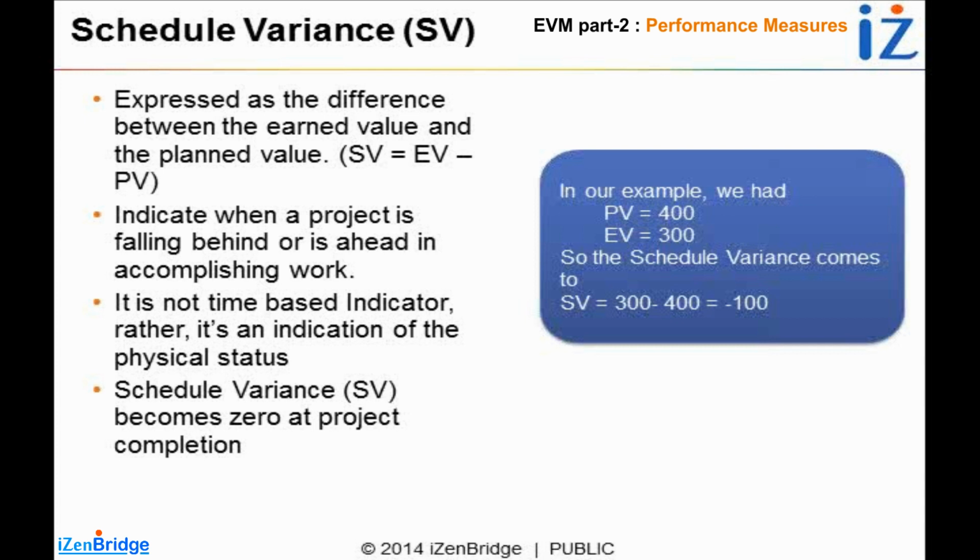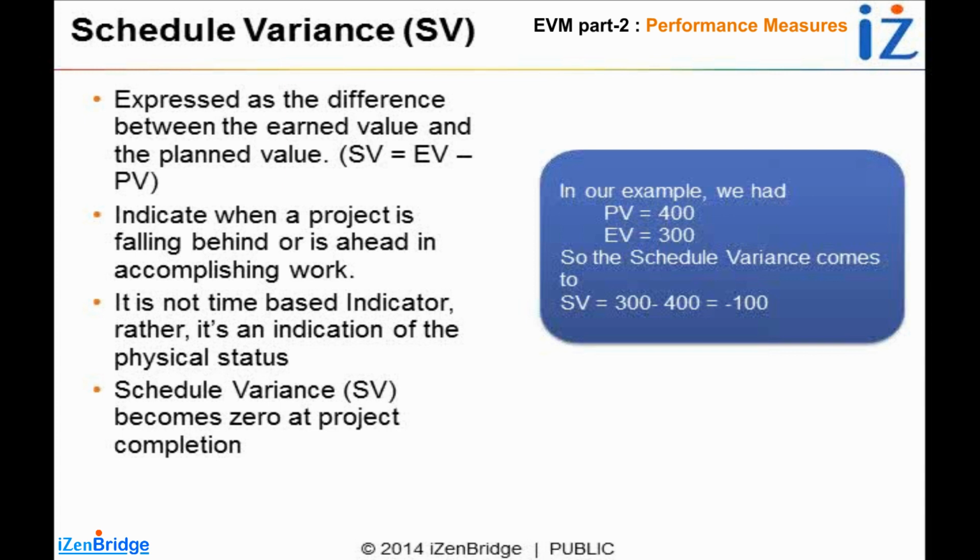Schedule variance becomes gray or less value-adding when you get near project completion. At the end of the project, the schedule variance becomes 0. Why? Even if you take 3 months extra, even if you take 10 months extra, at the end you finish the planned value. If you thought of finishing 100 units, you may take 1 month more, but you finish all 100 units. So you earn 1,000, which was planned for the project, and you do 100% completion of work.